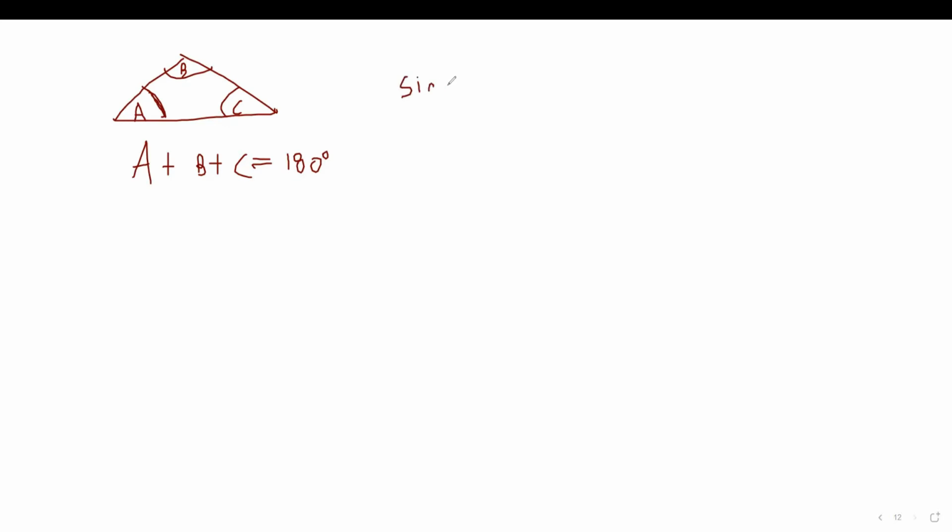This is what we need to prove. So now we'll start with this, that A plus B plus C is 180 degrees.